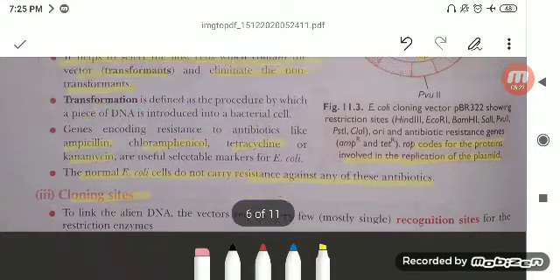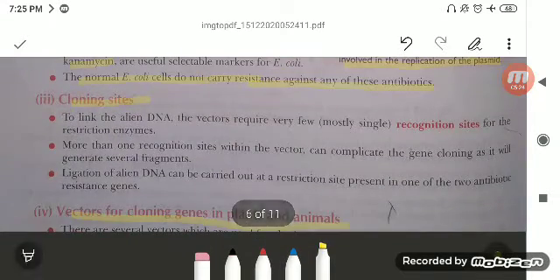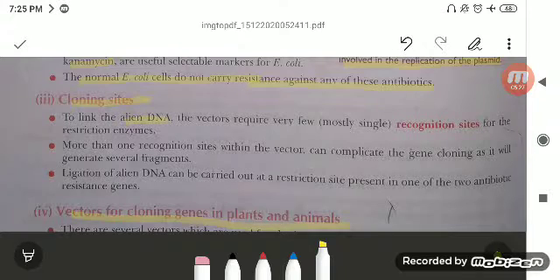The next is the cloning site. To link the alien DNA, the foreign DNA, the vector requires very few, mostly a single, recognition site for the restriction enzyme. More than one recognition site within the vector can complicate gene cloning as it will generate several fragments.